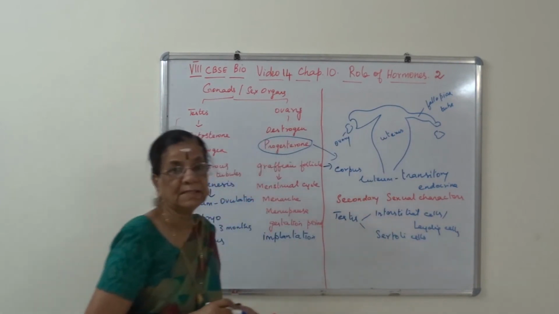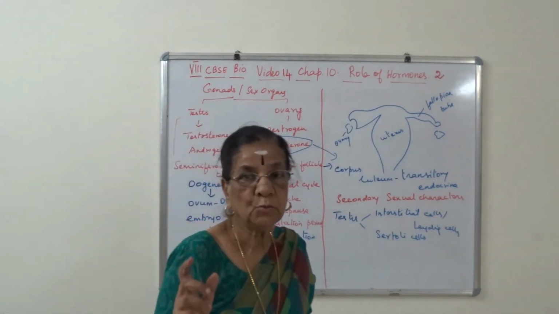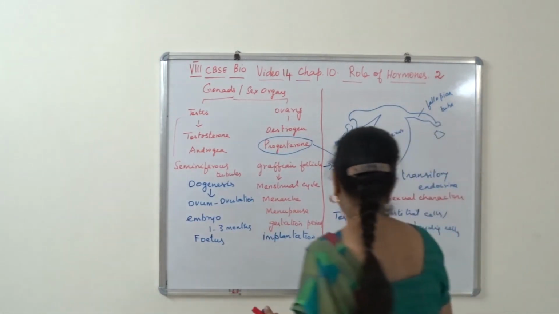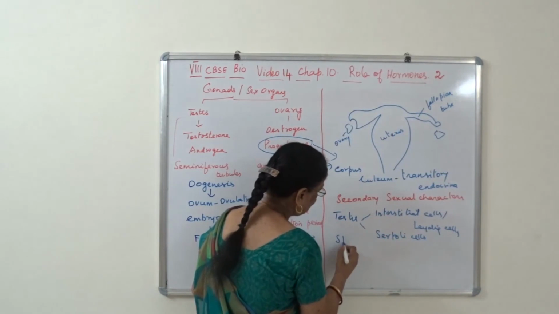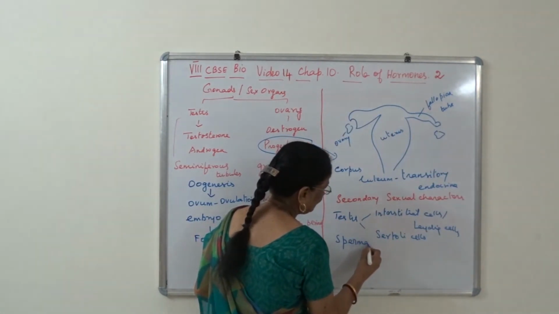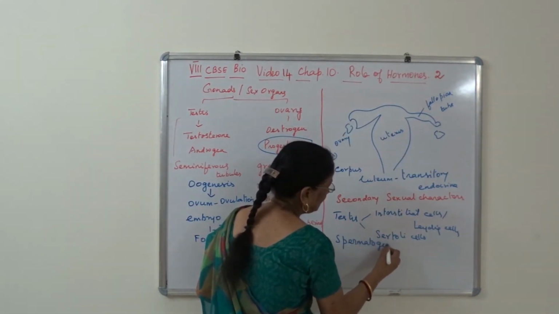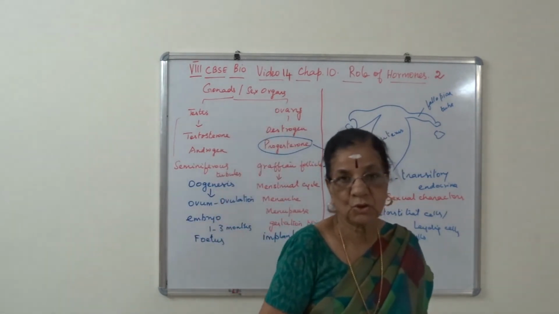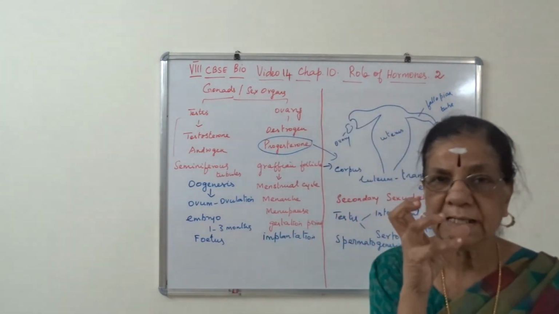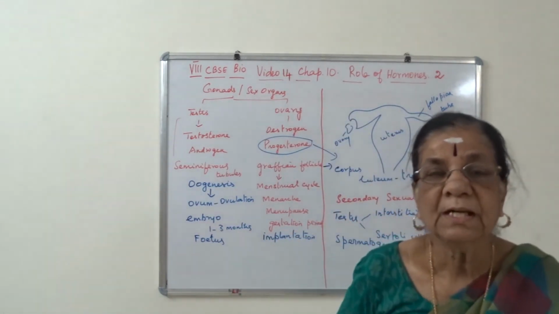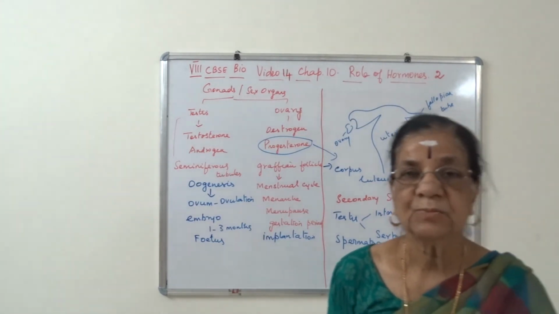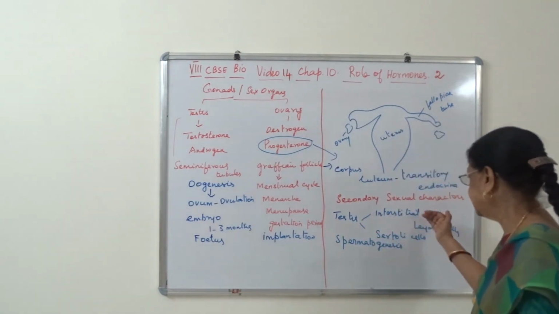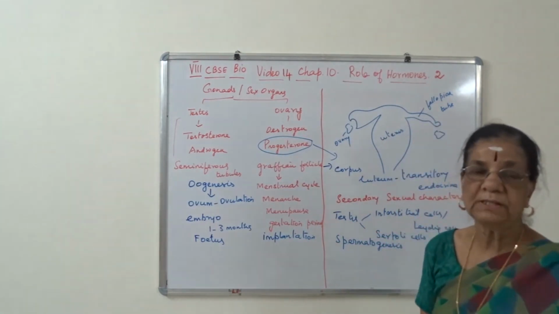We say testis is formed of numerous seminiferous tubules, right? And those seminiferous tubules will undergo spermatogenesis. But not the entire tubules of the testis will take part in spermatogenesis. They get differentiated into interstitial cells and Sertoli cells.